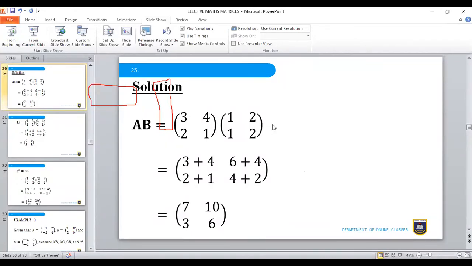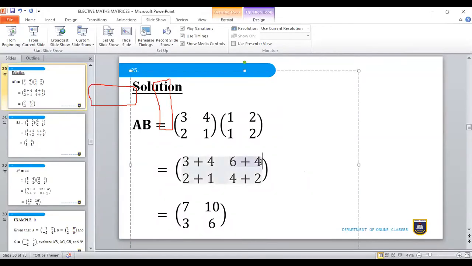Three times 2 will give us 6. 4 by 2 will give us 8. So we have 8 instead of 4. And this will give us 14. Good.